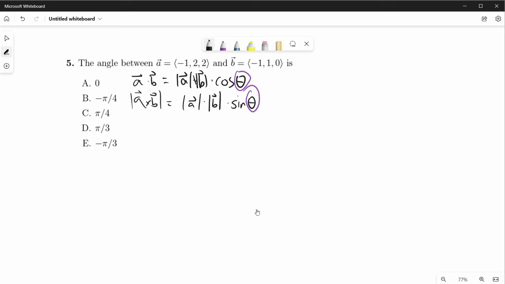Right? Both ways generally will work, but let's use this first. Let's use dot product. Right?